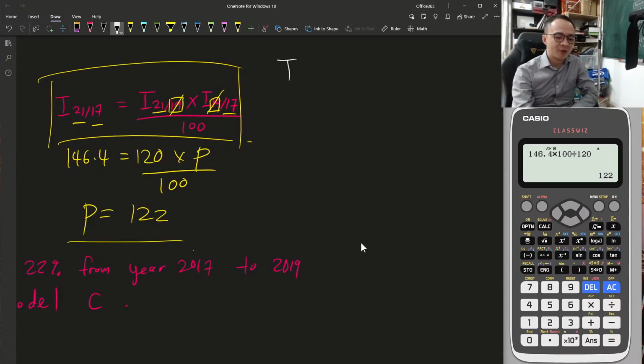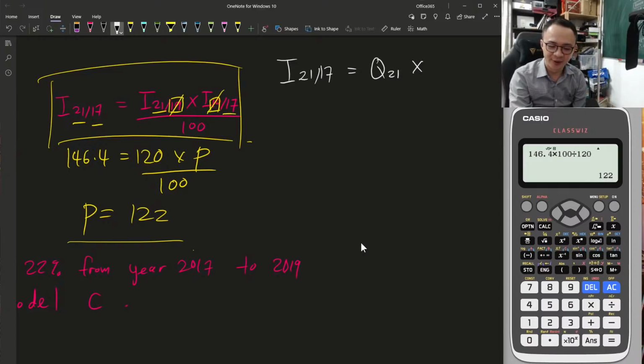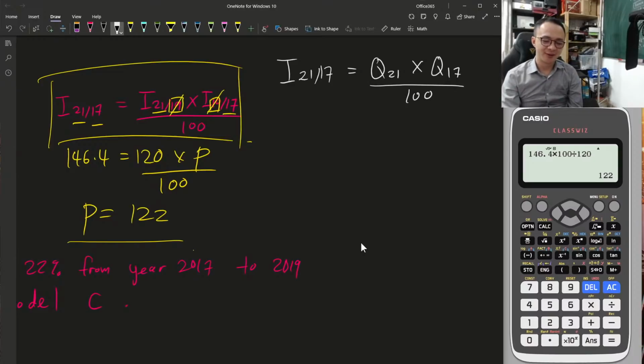Let's say from the formula 21/17, we know this is basically the index number rule. I know this is Q21 times Q17 divided by 100, isn't it? Is this how we get the index number? This one times this one divided by 100? Okay.